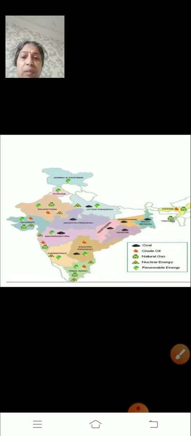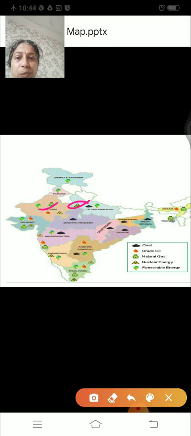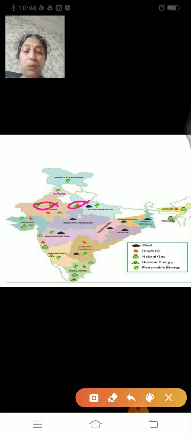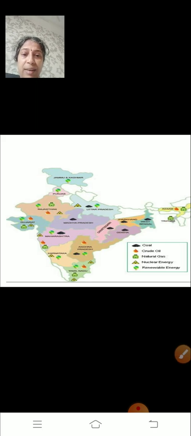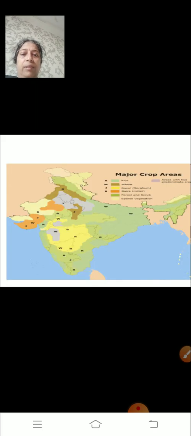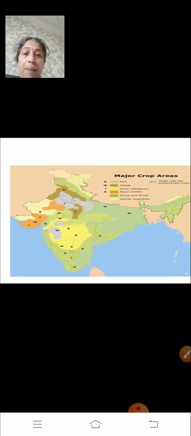There are other maps which show, see, this is a map of India which shows minerals in India. And here different symbols are used, see here, different symbols are used, which I will explain to you in the next class. So this is a map of India which shows minerals found in India. This is a map showing major crops.